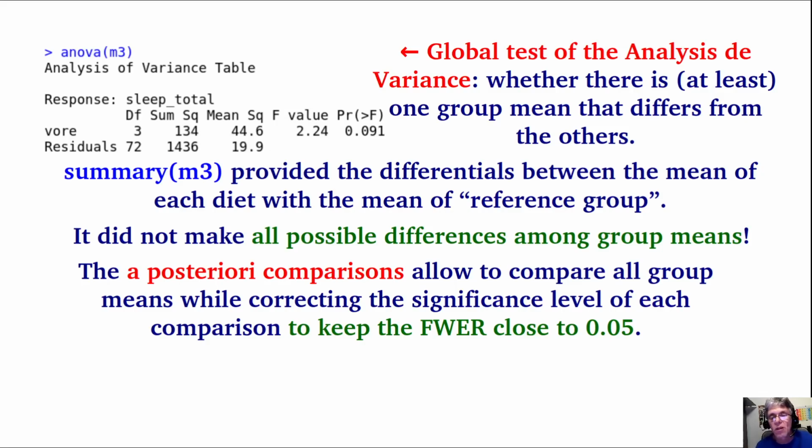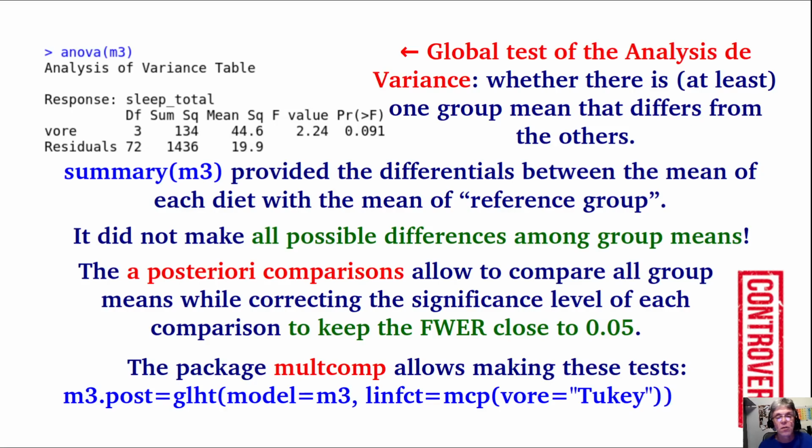This is to avoid the multiplicity problem that arises when we make very many comparisons using the same data sets. One way to do it is to use the package multcomp that allows making these tests.